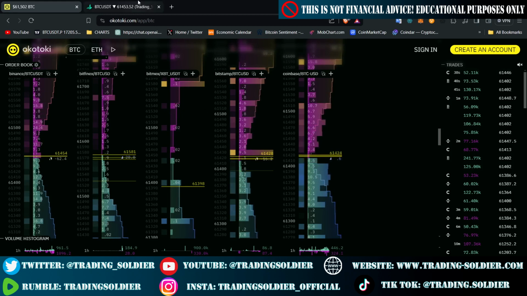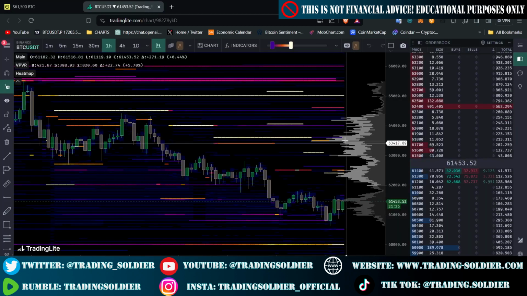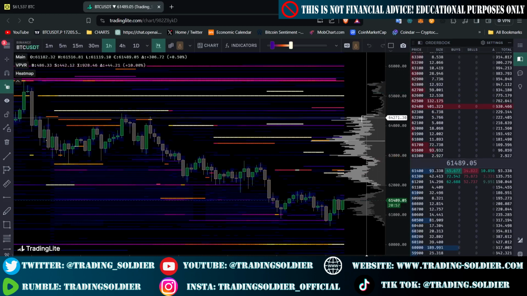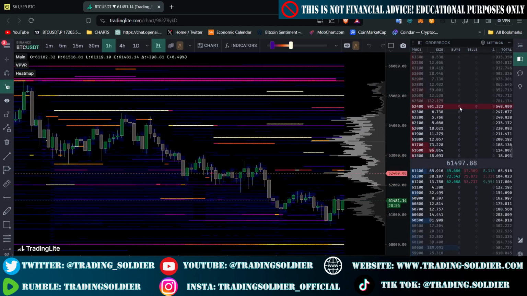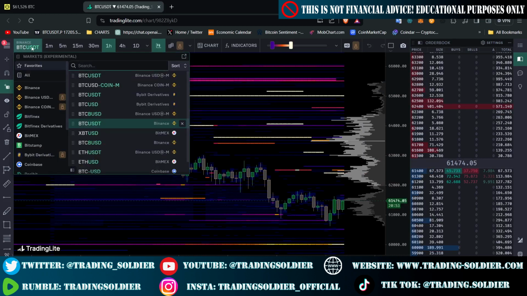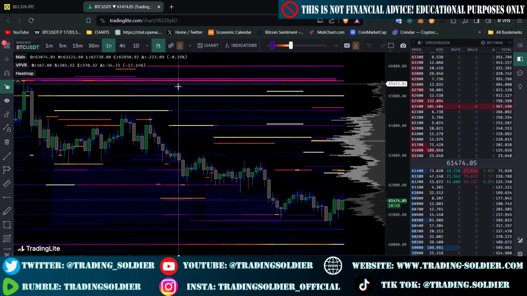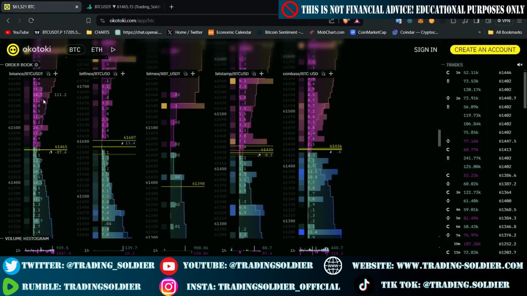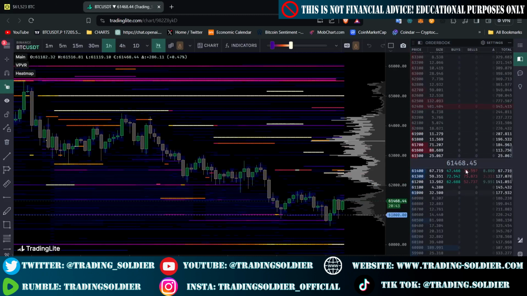Another way of tracking an order book is, for example, here we are still in Binance USDT, but we have a heat map. A heat map is just a graphical representation of the order book. So here, if we are in Bitcoin USDT as collateral on Binance, we have the order book of Binance, the same that we can see here, but represented in a different platform because we are now in TradingLite.